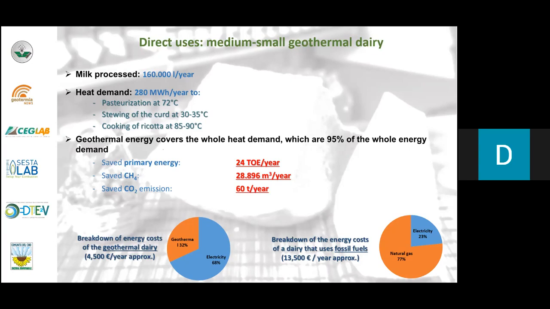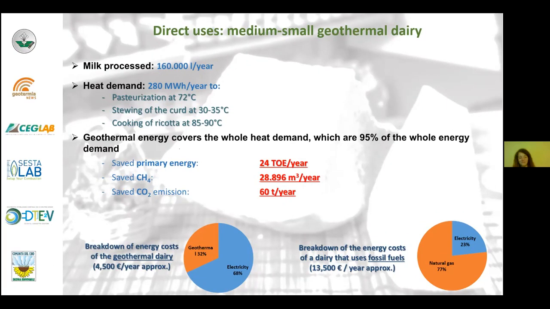As you can imagine, a dairy needs a lot of heat, so the heat used by the dairy is for the pasteurization, for stewing the curd, and for cooking the ricotta, which is a mild cheese, a traditional cheese from Italy.